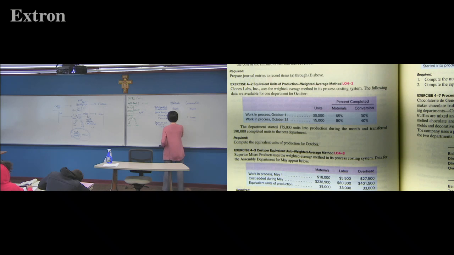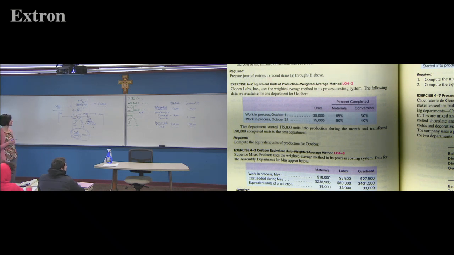So 190 plus 12 is 202, and 190 plus 6 is 196. Notice there's no dollar sign, because what are these? Keyword? These are units. I'm only doing step 1 here. I've got to do 2 steps to be able to calculate my per unit cost in a department. This is only step 1. Okay?